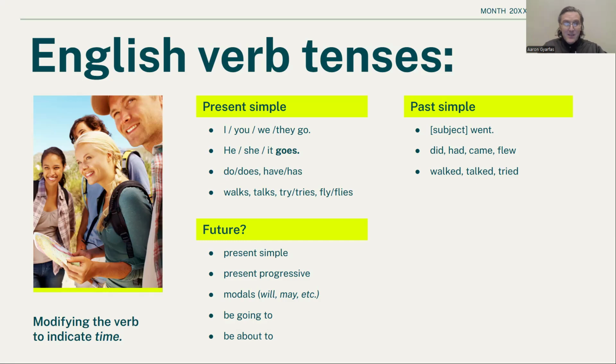Yes, present simple to talk about future. Present progressive. We have modals for the future like will or may and many others. And we have these phrasal modals, be going to or be about to. So let's look at some of the many different ways that English speakers talk about the future.